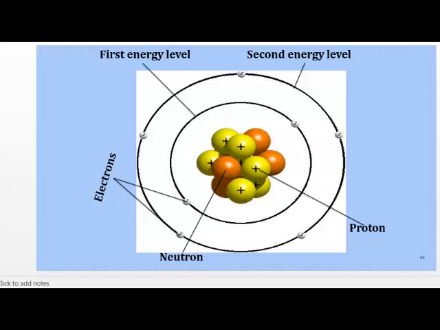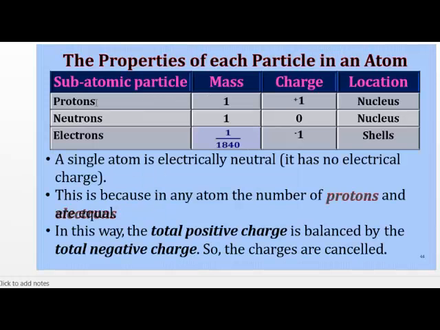Okay, now let us see the properties. Here we have the subatomic particles, we have the mass, we have the charge and the location. As we know, the proton and neutrons, they are both found in the nucleus, so their location is in the nucleus. Also, the charge of the proton is positive 1, while for the neutron, the charge is 0, while for the electron, the charge is negative 1.